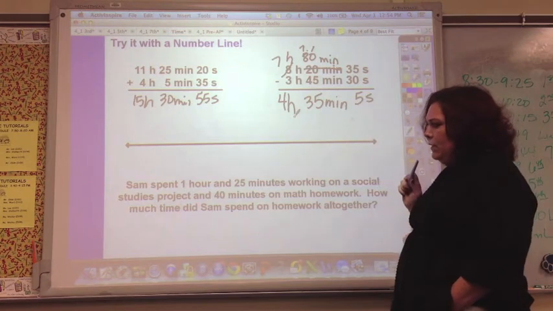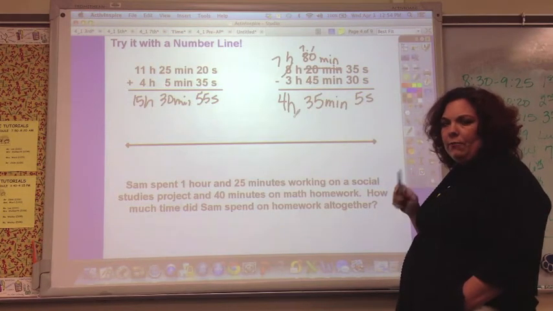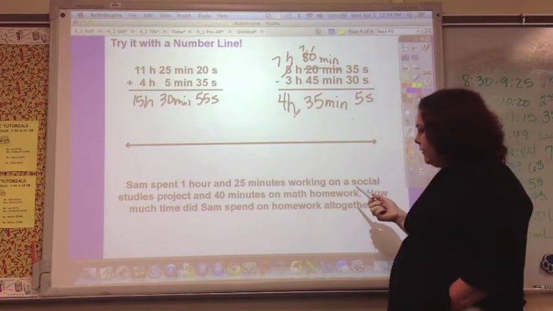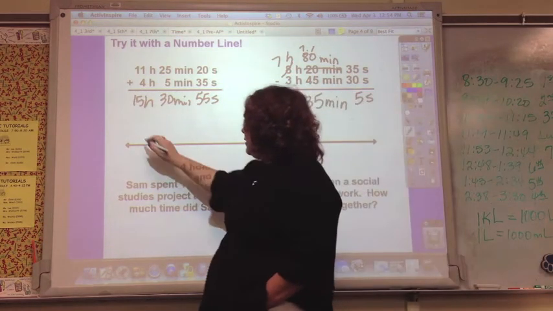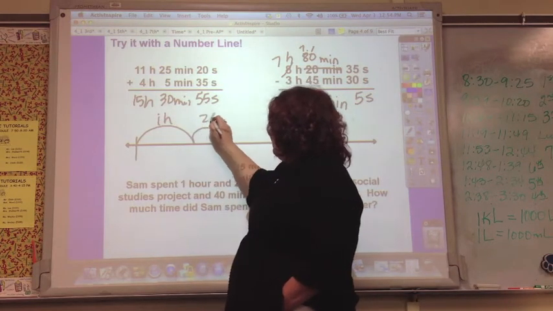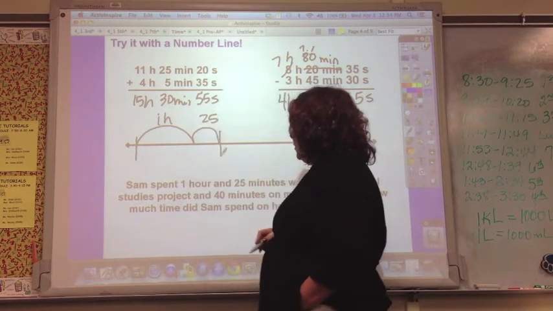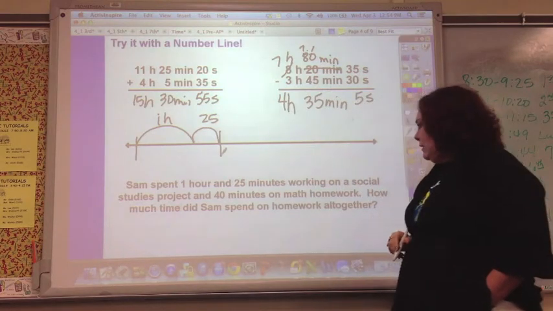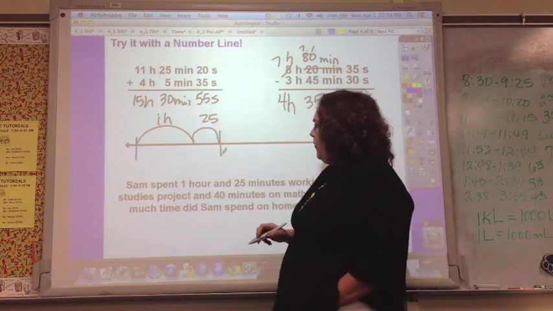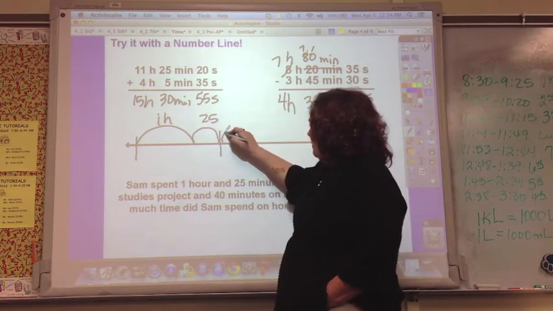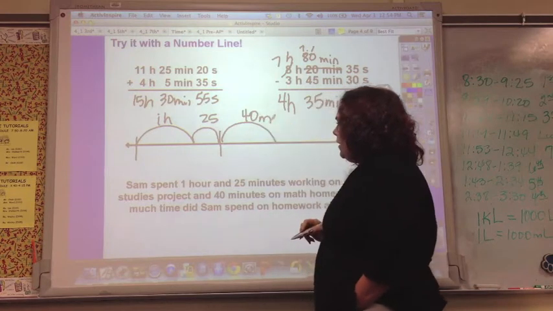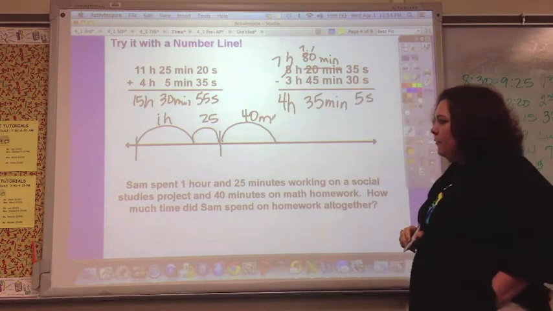And I like doing this, especially whenever I'm looking at smaller segments of time. It says Sam spent 1 hour 25 minutes working on a social studies project. So he spent 1 hour and then 25 minutes working on a social studies project. And then 40 minutes on math homework. So 40 more minutes is here. So I can look at this a couple of ways.